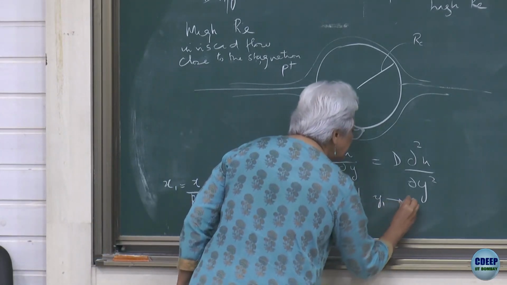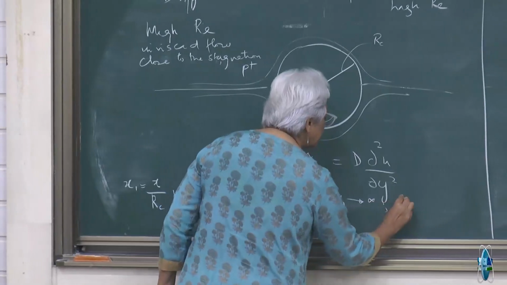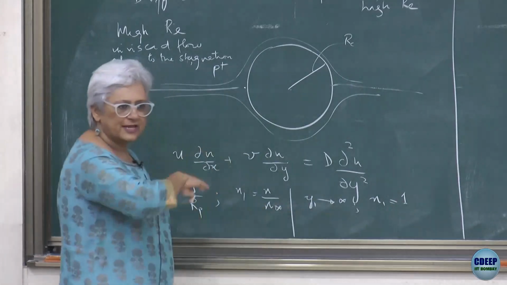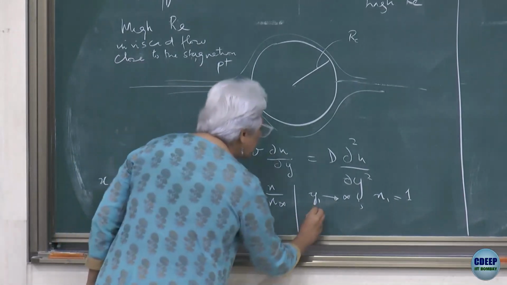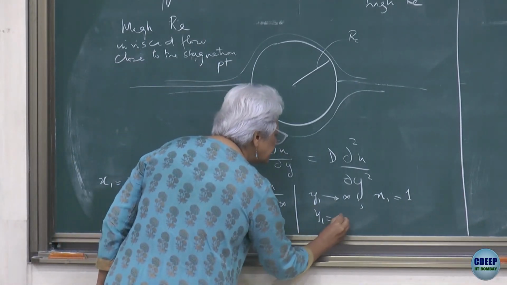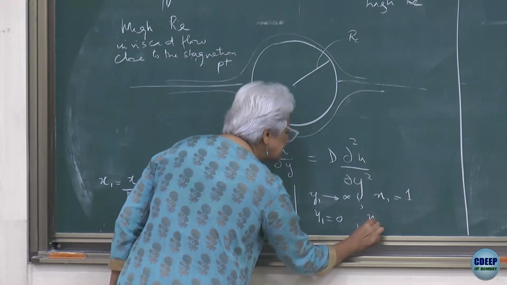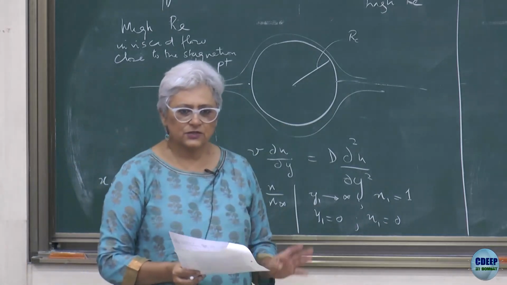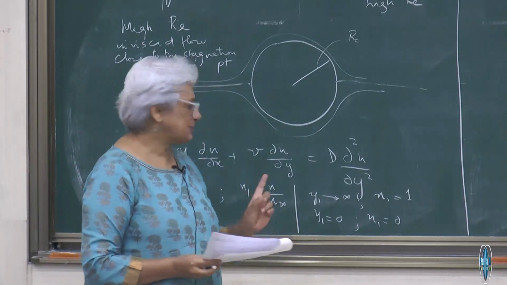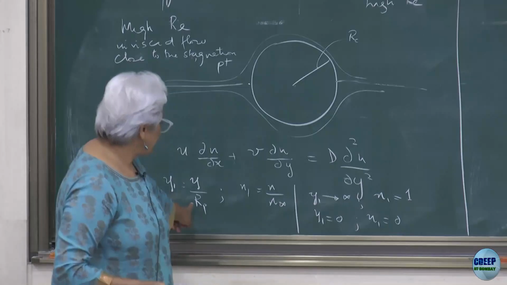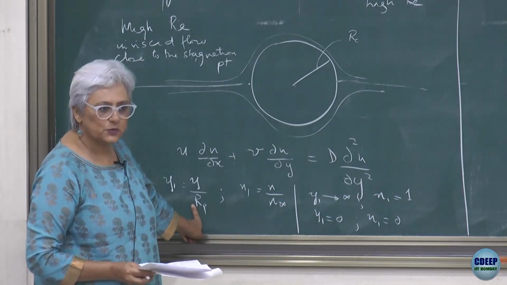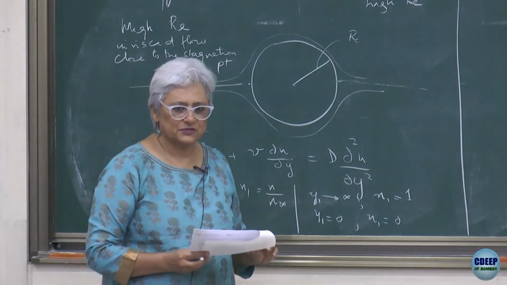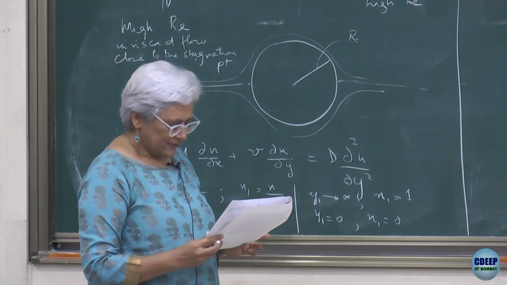Far away, y1 tending to infinity, we have n1 equal to 1, n goes to n infinity. At y1 equal to 0, at the surface, it is equal to 0, right? So here, because n1 is being defined as 1 radius away, y1 is being defined in terms of 1 radius away, right?